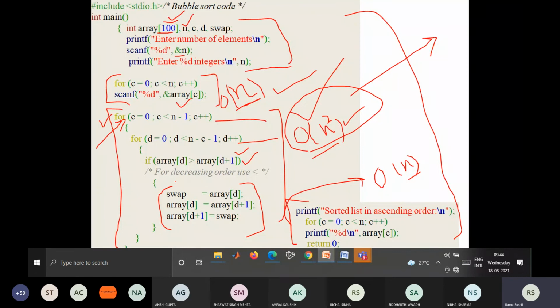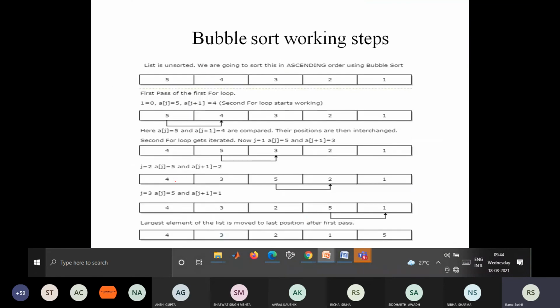Like you have phase 1, phase 2, phase 3. Here, if you remember, I told you, this is phase 1, and the last element is the sorted one. The rest of the data is again to be sorted, where you go on comparing the numbers in pairs and interchanging. But if in the first phase it is shown that no interchange operation happened at all, what does it mean? It means the data is already sorted.